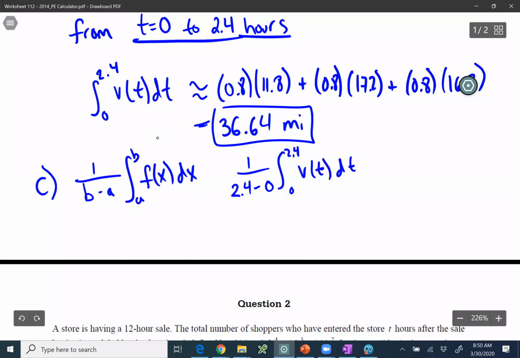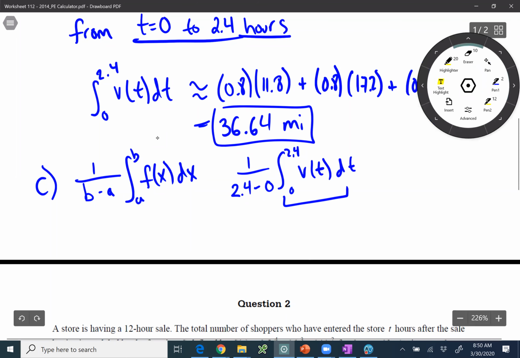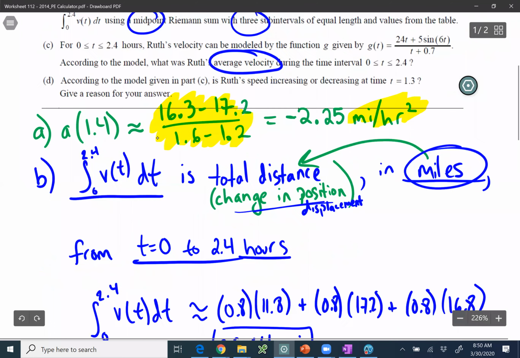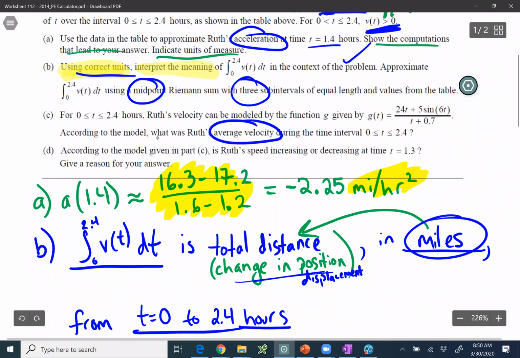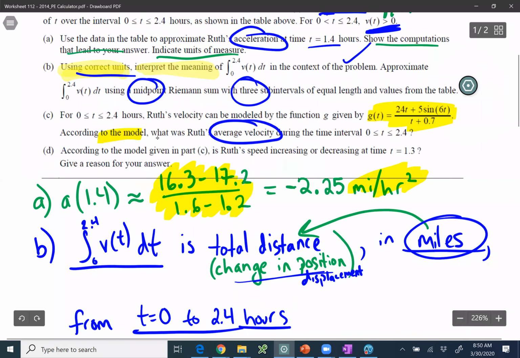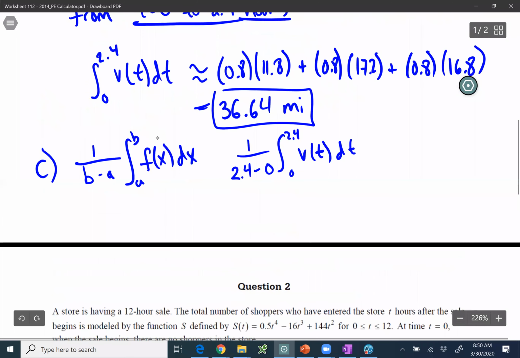Now, I've seen this question asked where they say using the table, and so then this would have been 36.64, but they didn't say using the table. They said according to the model, which the model they just gave you was this new g of t. So what you do need to write down, you can't just write v of t.